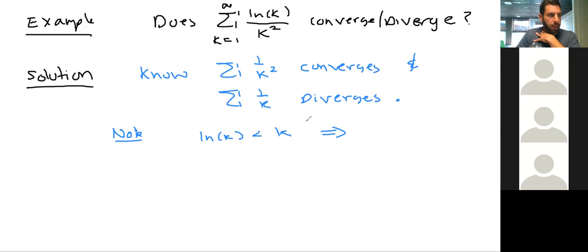And so that implies that log of k over k squared is less than or equal to 1 over k. So if I divide both sides by k squared, I get that.